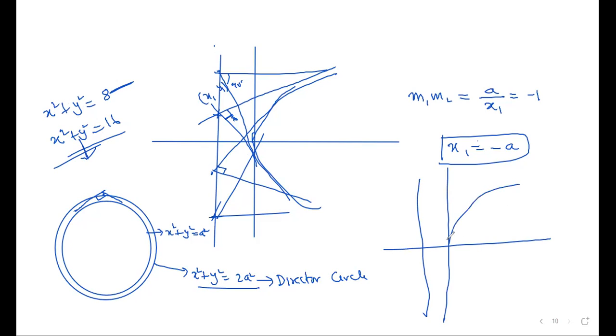For the parabola, the directrix is like the director circle. If you take a point here and draw the tangents, you will notice the tangents are perpendicular to each other. Have you got the idea? Yes, sir. So here it is the director circle and here it is the directrix. That's all the difference. That's all I want to teach you today.